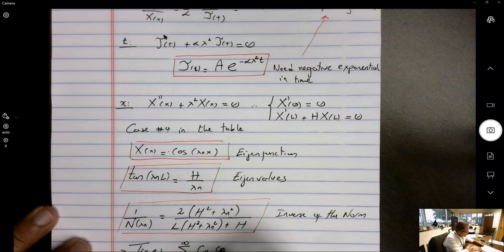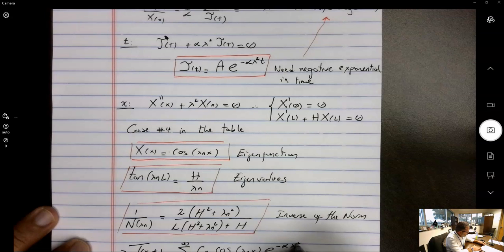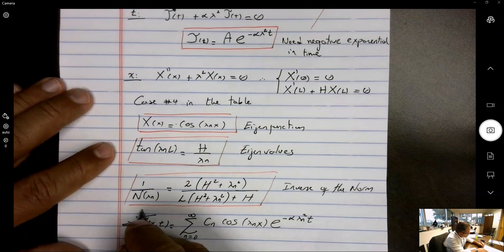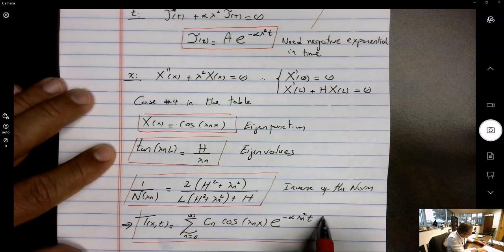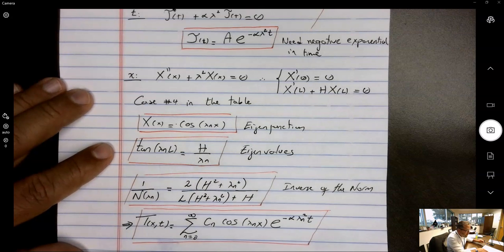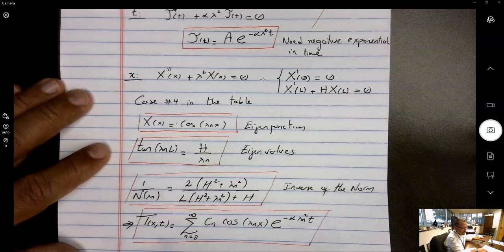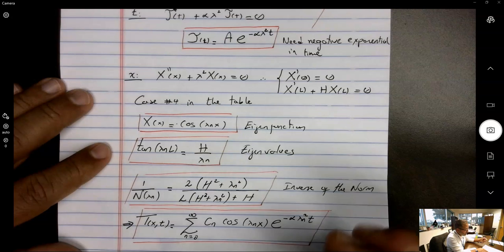Cn cosine of lambda n x times e to the minus alpha lambda n squared t. So that is the general solution.